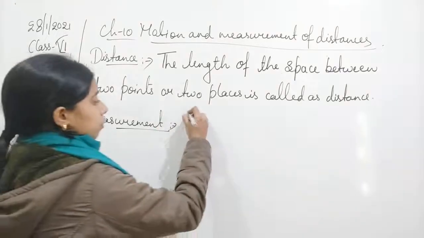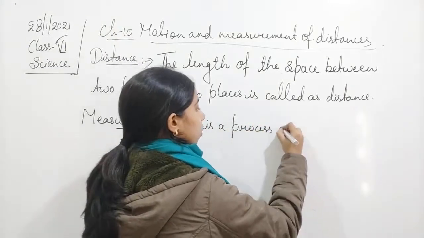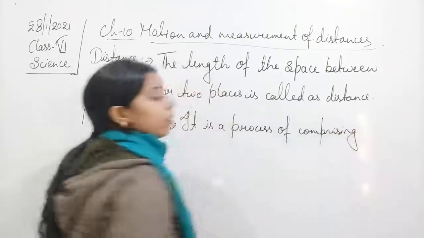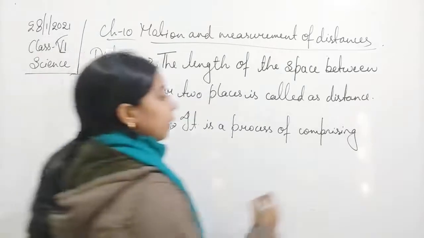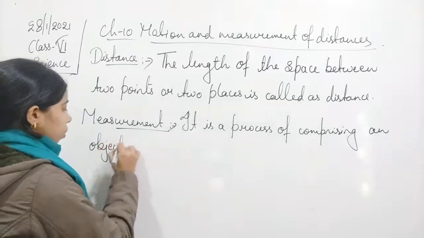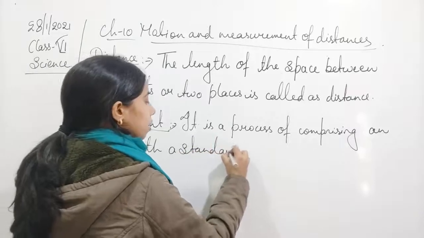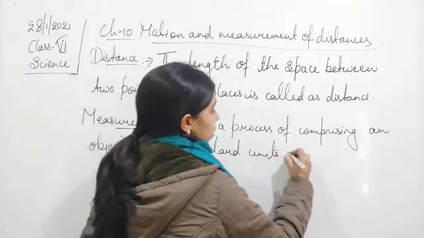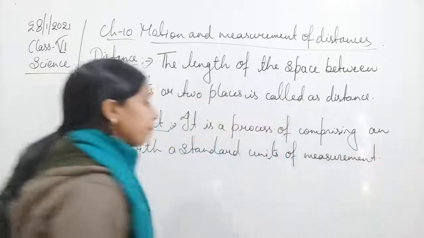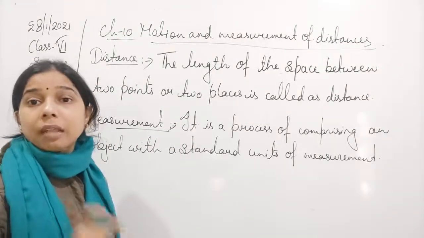First of all, we will write here that it is a process of comparing an object with a standard unit of measurement. It is the process of comparing an object with a standard unit of measurement that we call measurement.